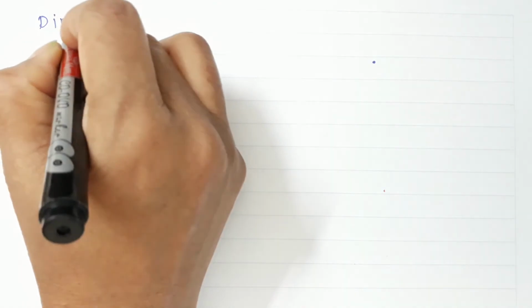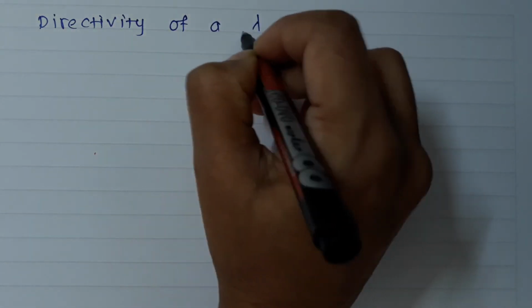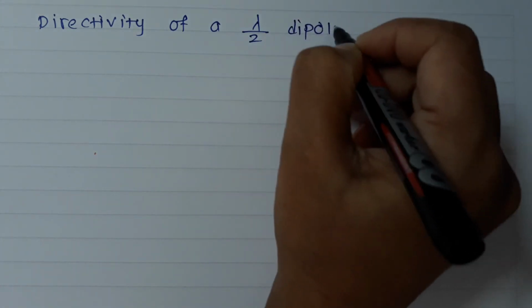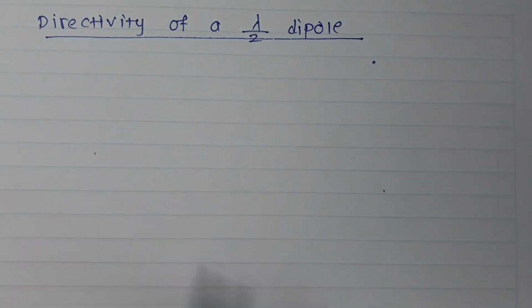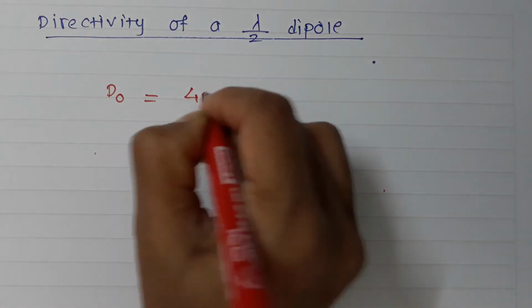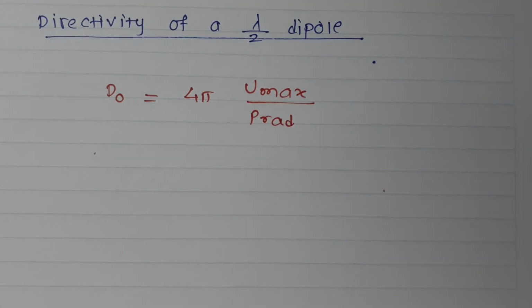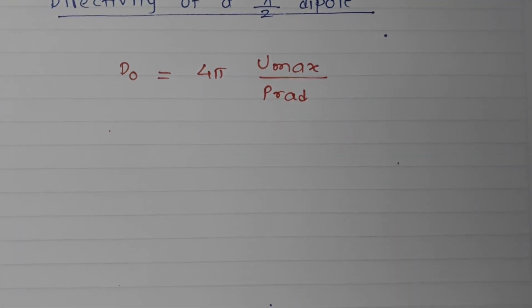Now let us talk about the directivity of the lambda by 2 antenna. Directivity of a lambda by 2 dipole: how can we find it? As we know, directivity D0 is equal to 4 pi U max divided by P radiated, and we have seen the significance of each term we are using here.